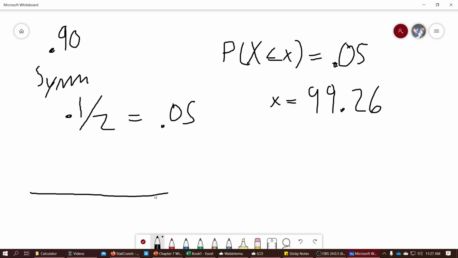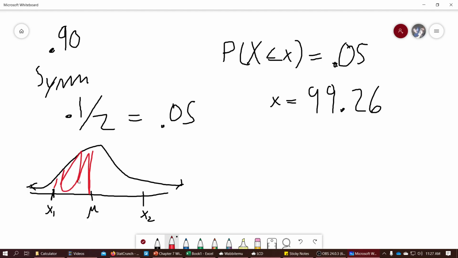So if we have our normal distribution, it doesn't have to be neat here to get the point across. We have our x1 value here, we have our mean here, and we know our x2 value is going to be somewhere over here. What we also know is the area in the tail on this side is the same as the area in the tail right here.